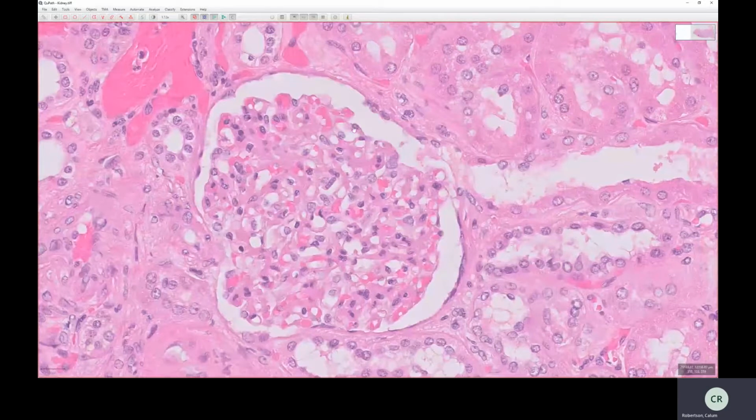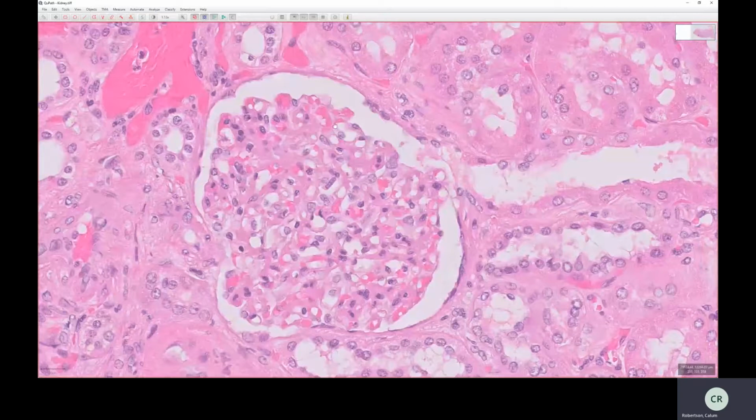In between that, we've got the mesangium, which is the ground substance between the two layers, and a thin basement membrane called the glomerular basement membrane. There is a cell within this mesangium called the mesangial cell. Some of these will be mesangial cells, which help maintain the mesangium.